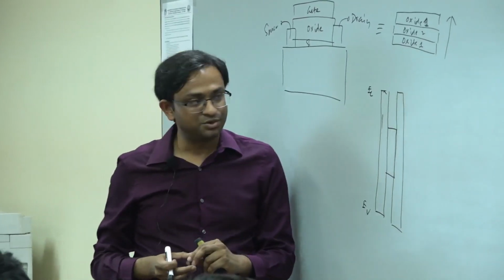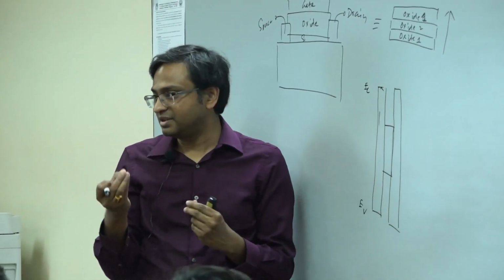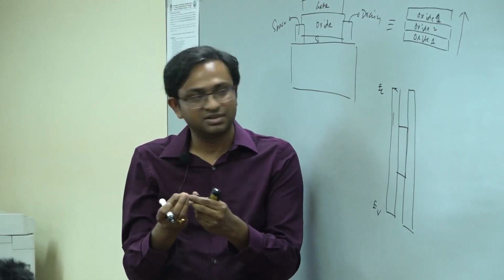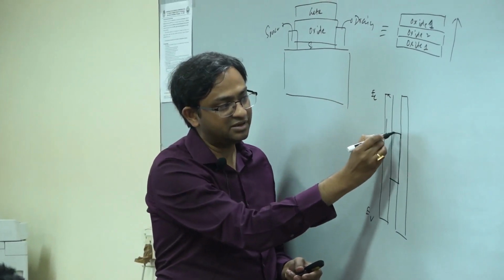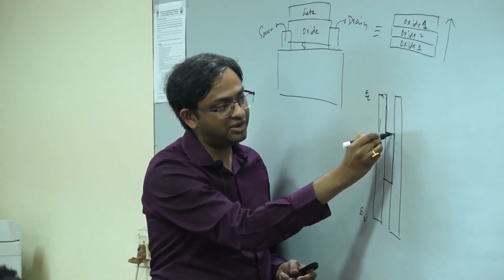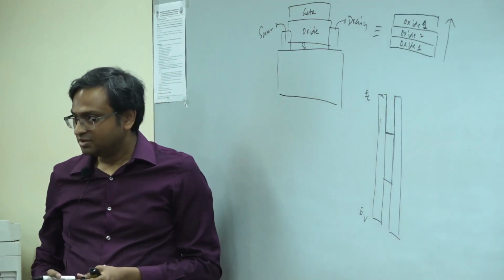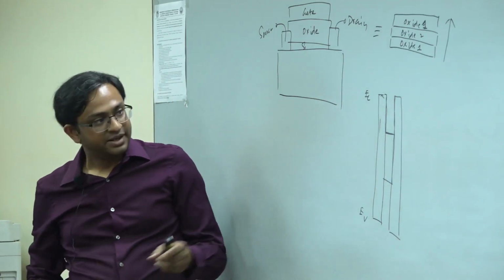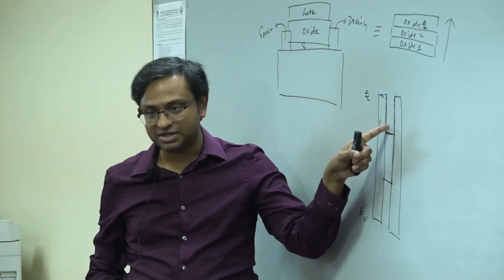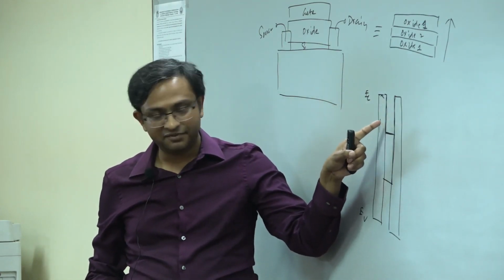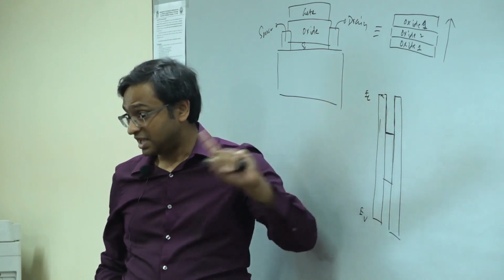Okay. Now, this structure is very interesting. If some of you have taken some very fundamental course in physics, this part over here looks like a potential well, right? Some kind of a potential well, where if I can put some charge over there, it will be very difficult for charge to come out, classically.